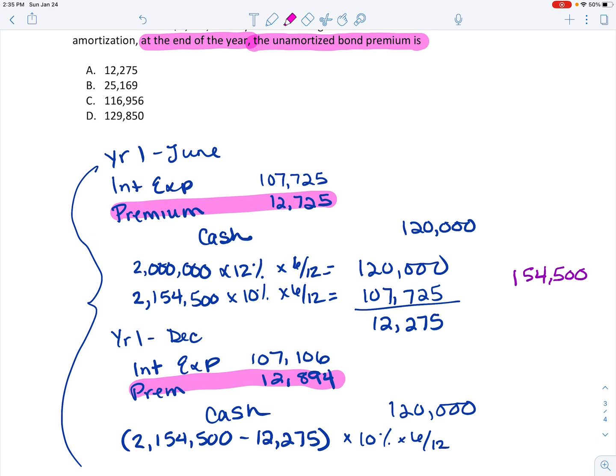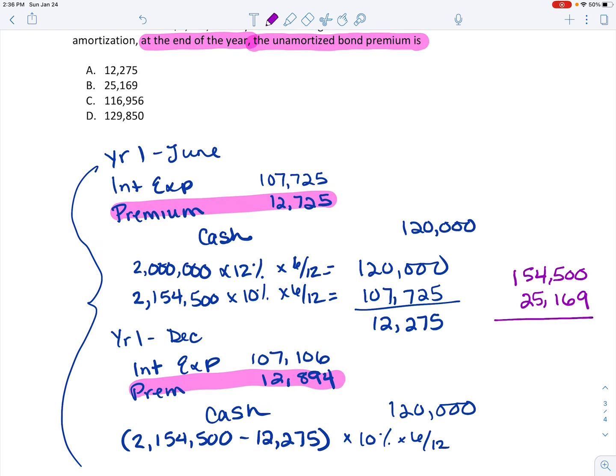Let's see. 154. And I think I put in some wrong numbers. Oh no, I didn't. So if I add these two numbers together, the two premiums that I amortized, I get 25,169.